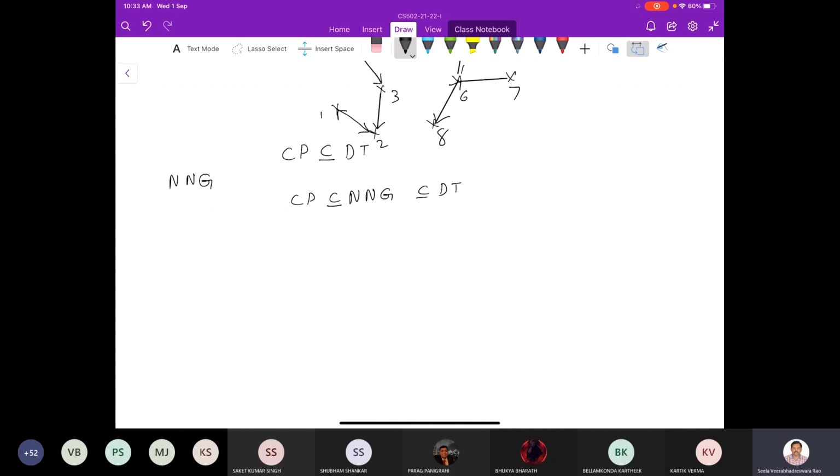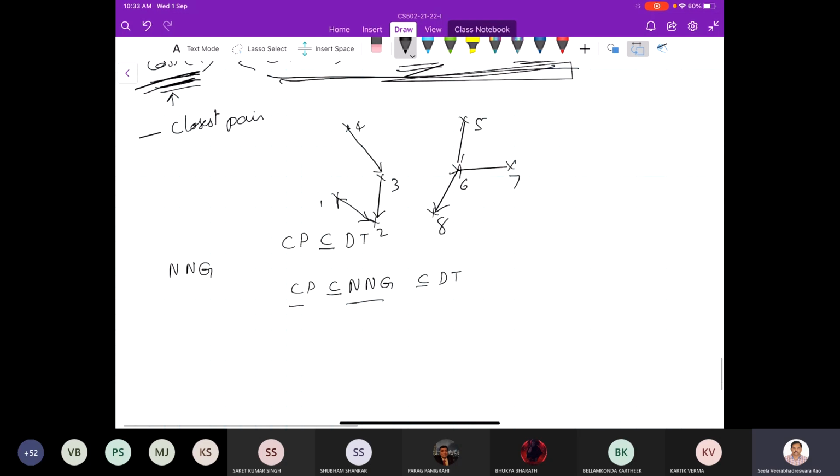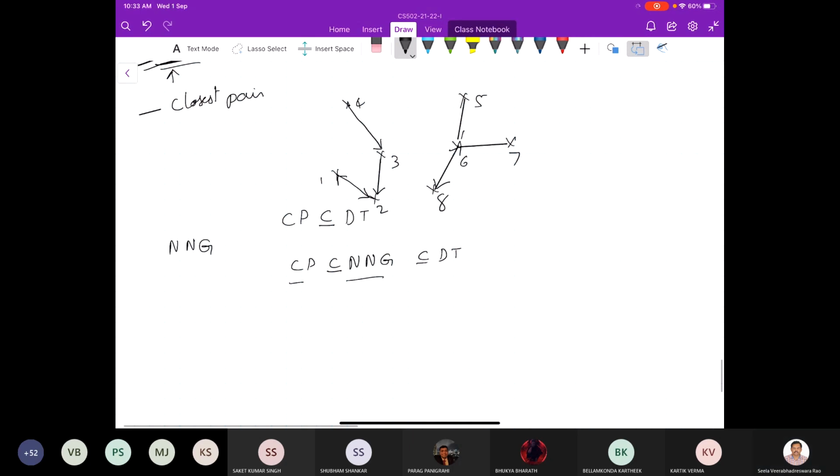The closest pair is not a connected graph. The nearest neighborhood graph is also not a connected graph. From this example, you can see this. In fact, you can add one more here.